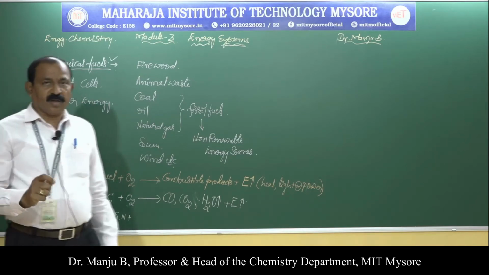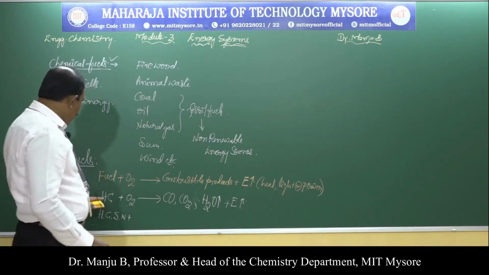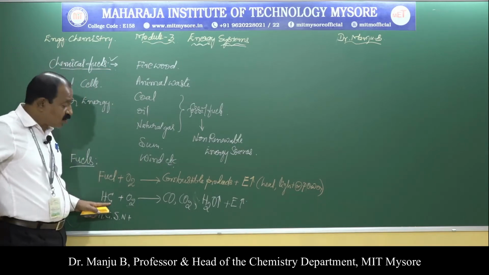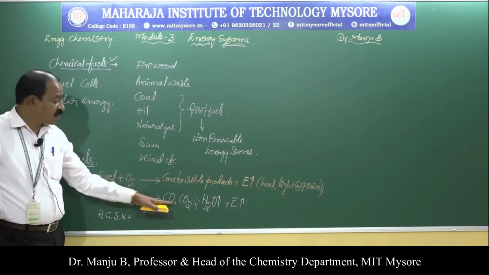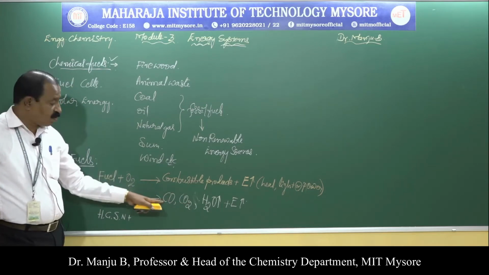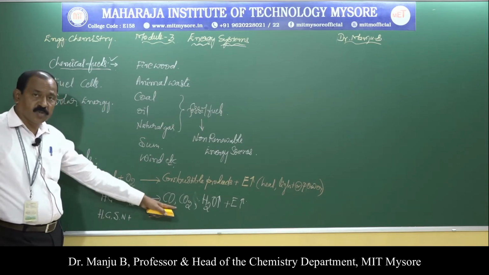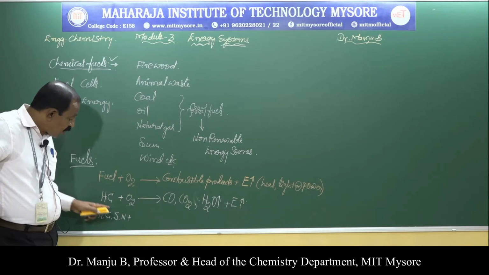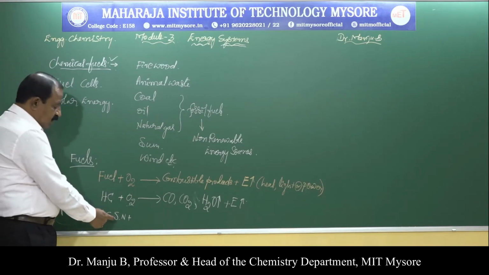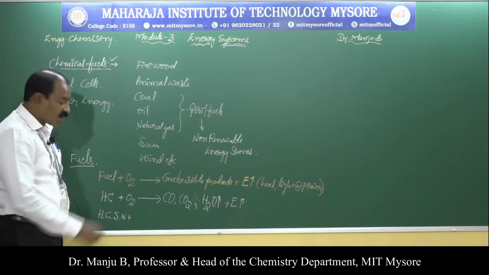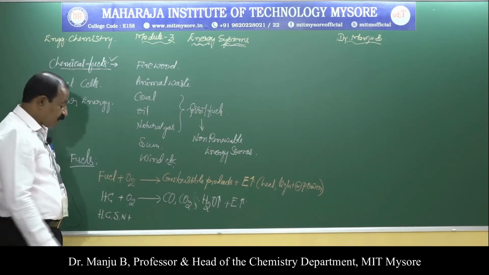If any fuel, either solid, liquid or gaseous, contains only hydrogen and carbon, we expect only two pollutants, carbon monoxide and carbon dioxide, during combustion. But in addition to hydrocarbons, suppose a very small amount of substances like sulfur and nitrogen is present in the fuel, what products do you expect?